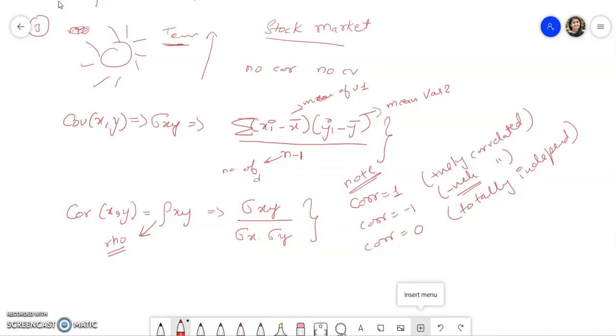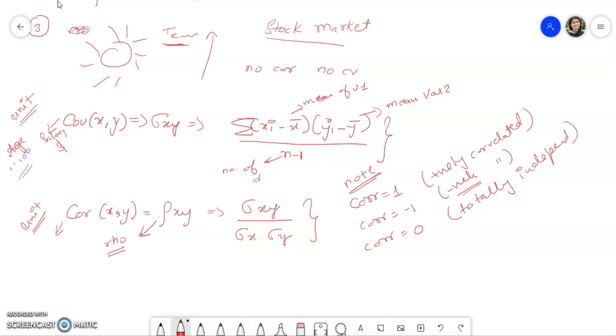And also one more thing I would like to explain here: in covariance you have unit information, and in correlation the unit information is not there. So if you are comparing two variables, for example age with salary, the salary will be in dollars and age will be between 1 to 100.